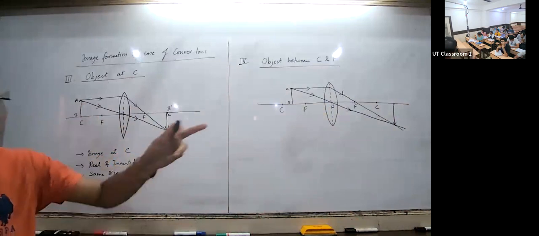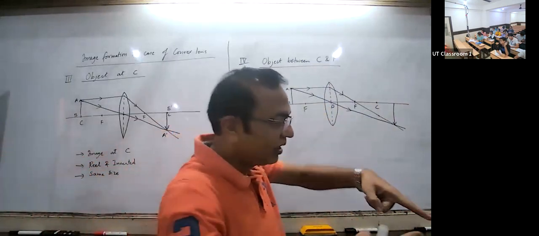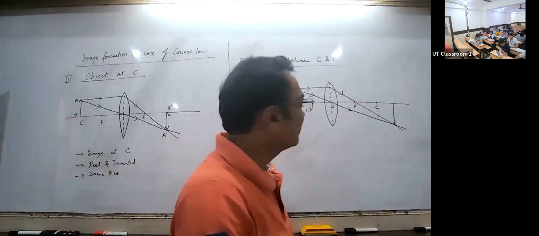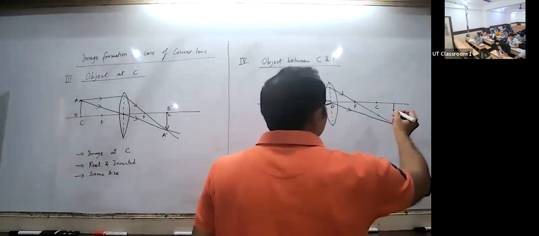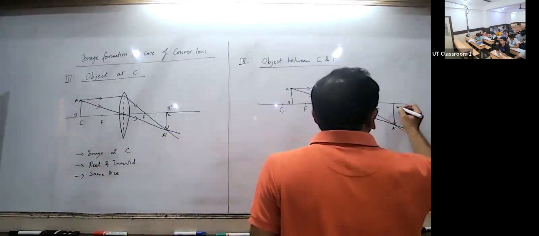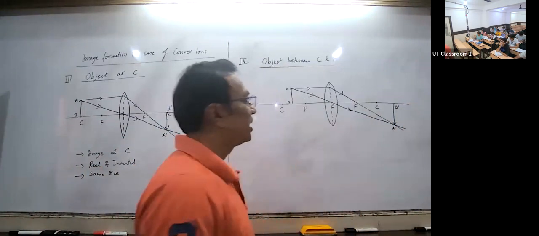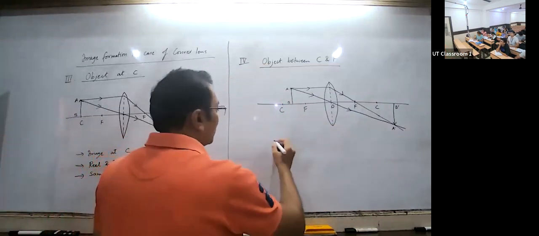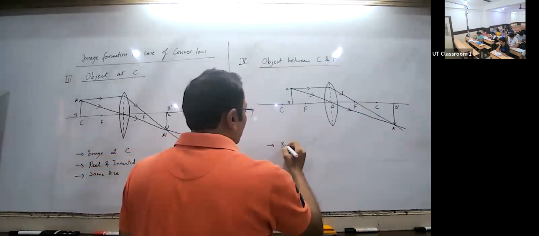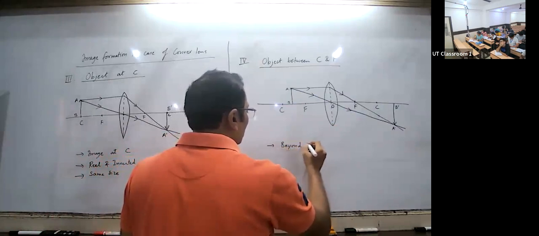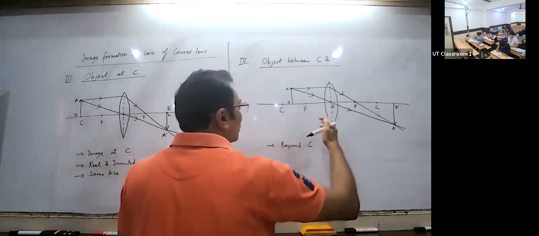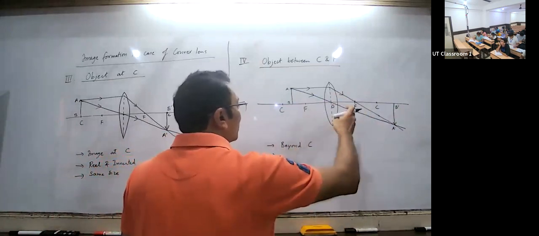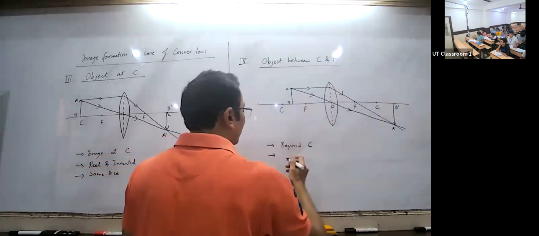You should be confident. Yes, क्योंकि क्यों? ये दोनों मिल रहा है ना? दोनों मिल रहा है. तो क्या होगा? Real and inverted. ठीक है? चलो. So we have A dash, B dash. दिख रहा है अपने को, मिल रहा है. And it is magnified also. तो अभी क्या बनेगा देखो? Beyond C. So you can also say behind the lens and all, not required to. क्योंकि refraction के केस में other side ही हो.